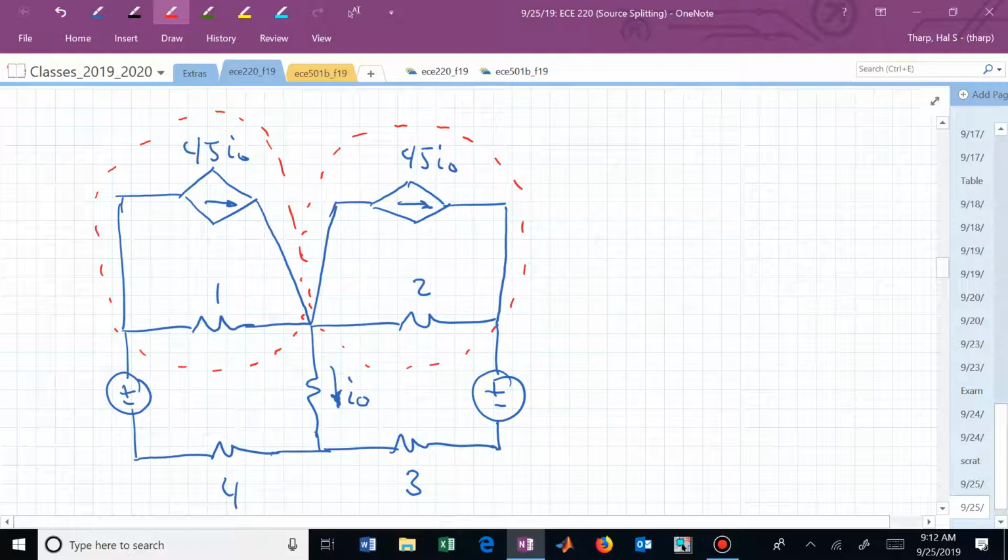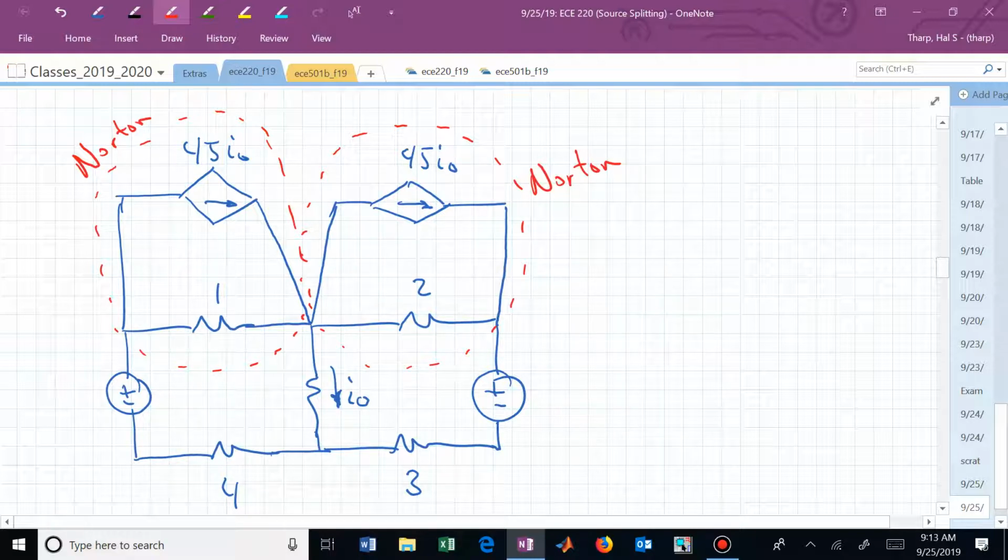Is that a Norton equivalent or a Thevenin equivalent? If I just looked at, let's say, the left one that I've now highlighted in red, it's a current source in parallel with a resistor. That's a Norton, as is this one.